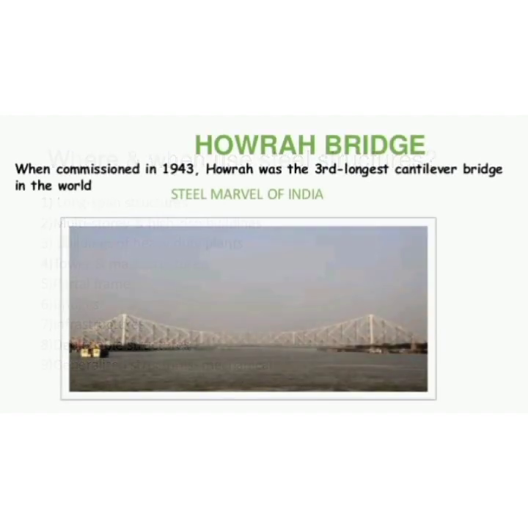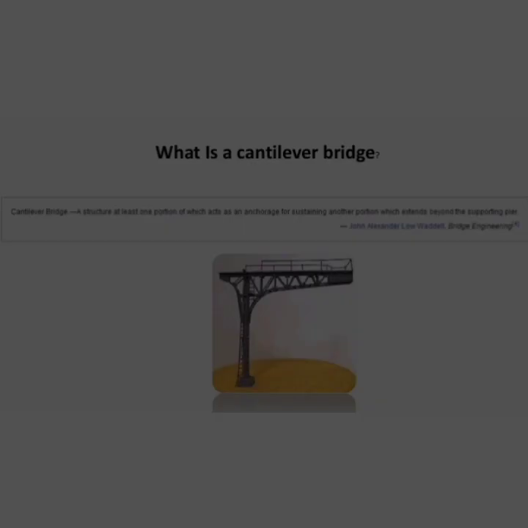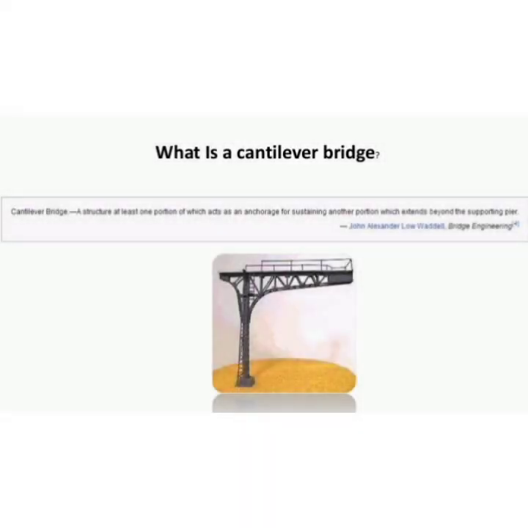Howrah Bridge. When commissioned in 1943, Howrah was the third longest cantilever bridge in the world. What is a cantilever bridge?